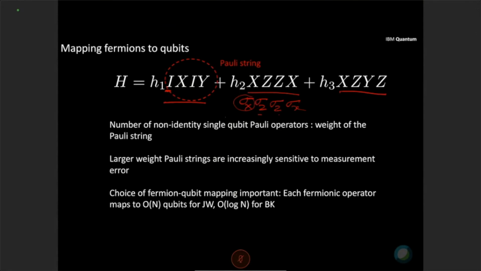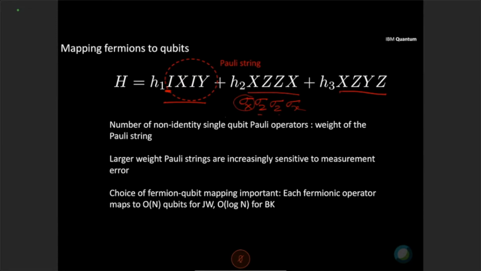Because larger weight Pauli strings are increasingly sensitive to measurement error. If you had just an identity, when you try and measure the expectation value, it doesn't matter whether your measurement counts were flipped between zeros and ones, because it's all going to sum up to 1. But if you want to measure an X, Y, or Z, then these will be more relevant and more important.